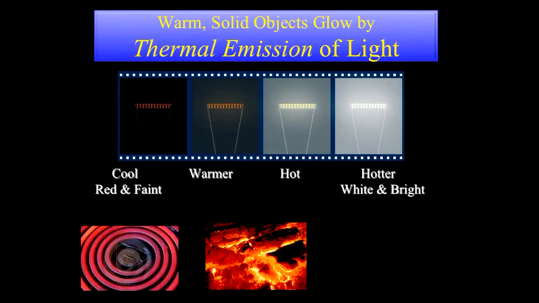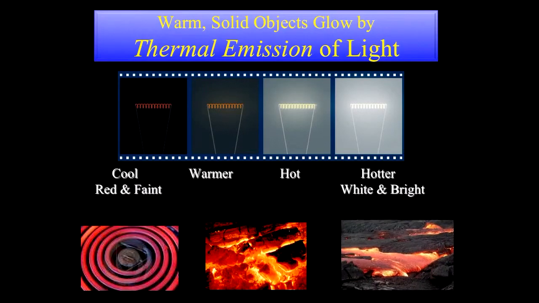The brightest places, the most brilliant white light, is coming from the hottest embers in the fire. The hotter the embers, the brighter they glow, and the whiter the color, from ruddy red up to more and more bluish color. And similarly, lava is glowing by thermal emission.